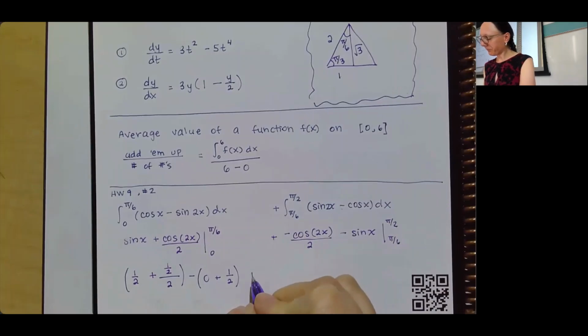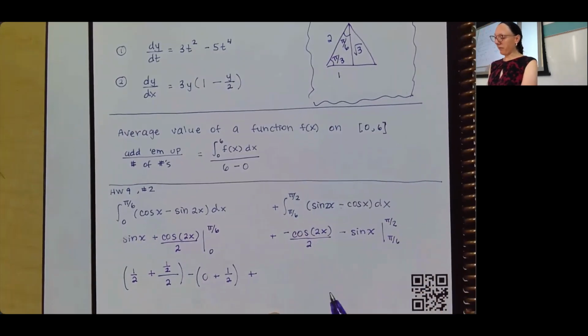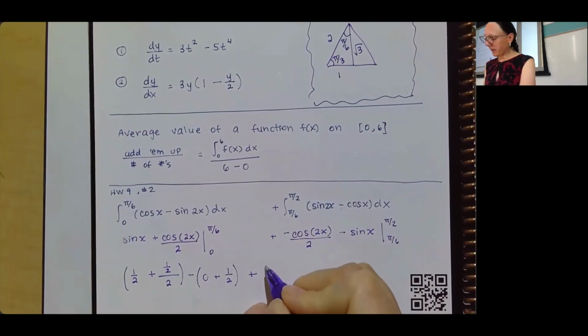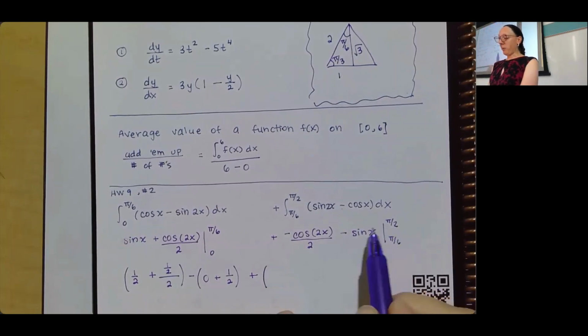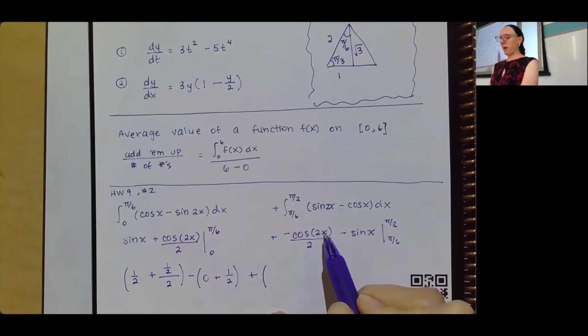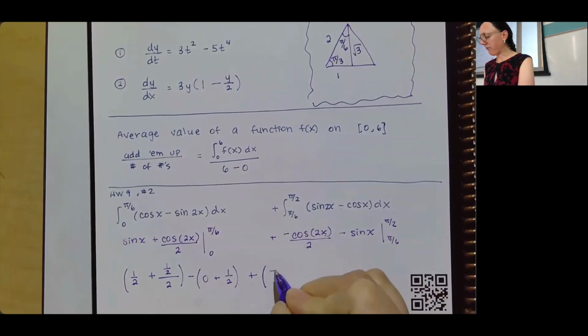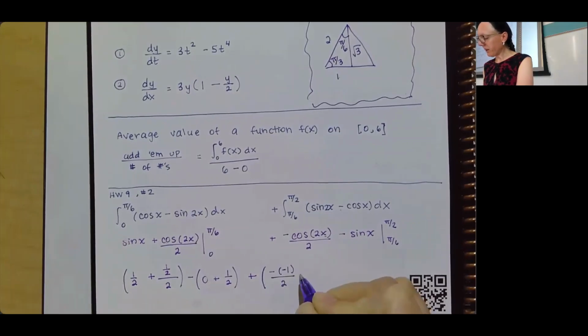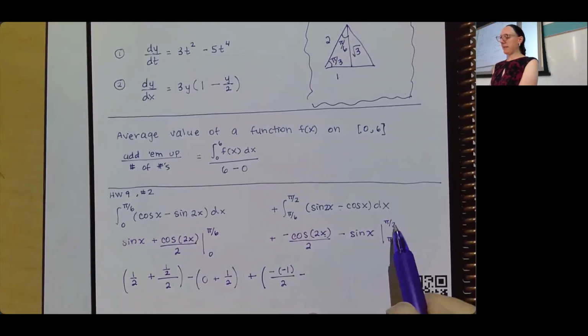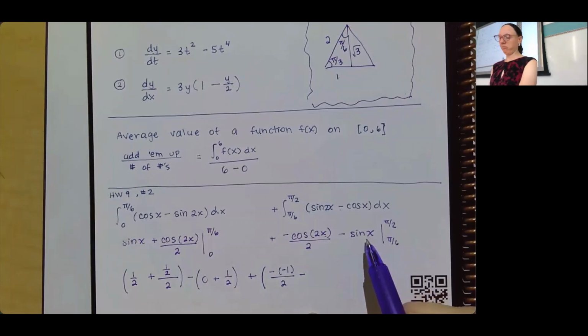So I'm going to plug in the pi over 2. When I plug in pi over 2, 2 times pi over 2 is pi, and cosine of pi is -1. So I've got a negative and then -1 over 2, minus sine of pi over 2, which is 1.